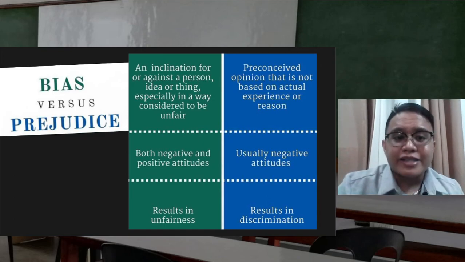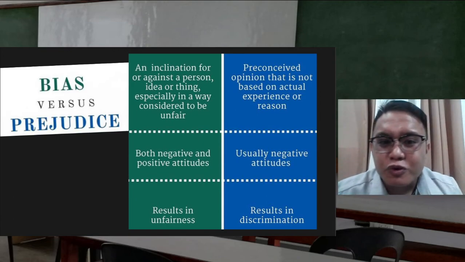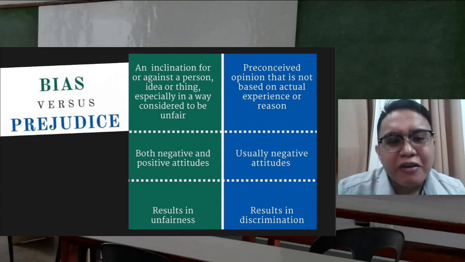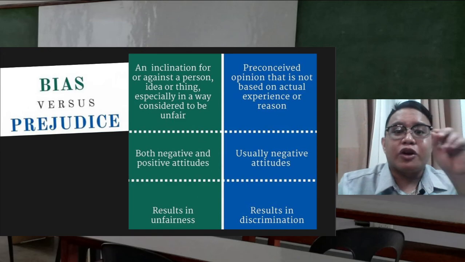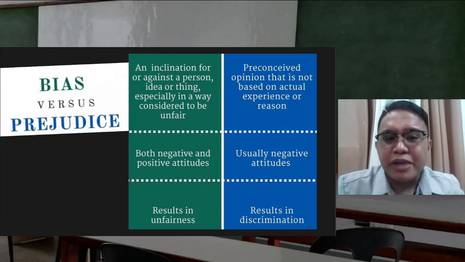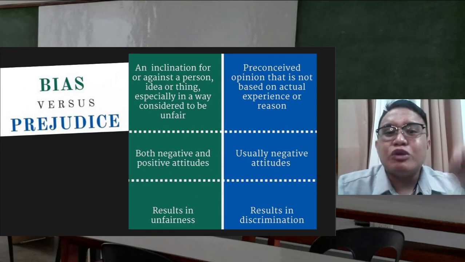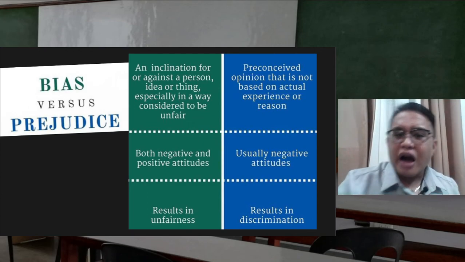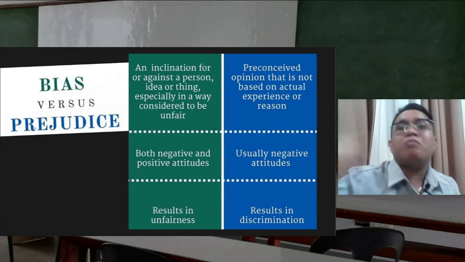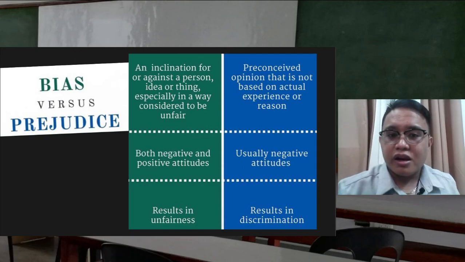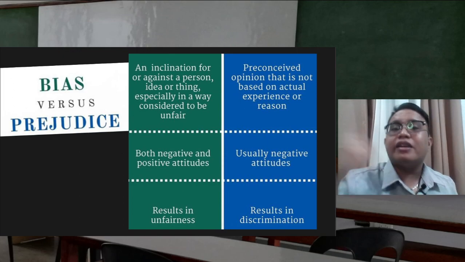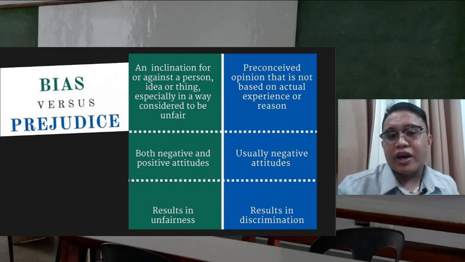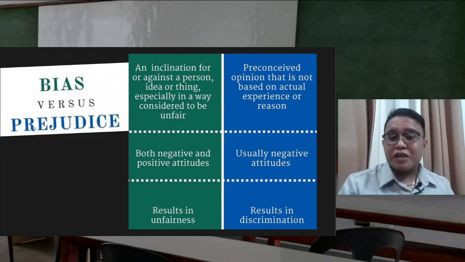The result of bias is only unfairness. You say, you're so unfair, your news is so unfair, you're so biased. That's bias. But prejudiced statements will lead to discrimination. When you meet one person from a group, you generalize everyone. Even though he's just one African American, you keep thinking he's an irresponsible father. So it leads to discrimination.